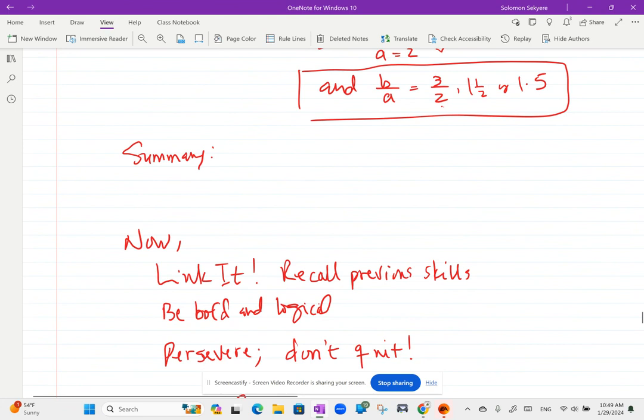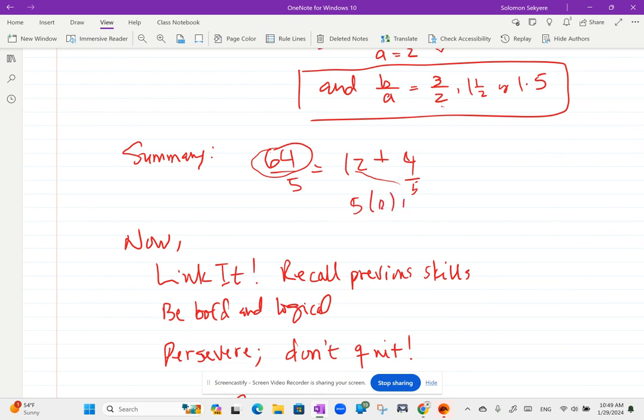Okay, you know that if you have 64 over 5 equals 12 plus 4 over 5, then this part here equals 5 times 12 plus 4, right? And you now know how to combine polynomials, right?